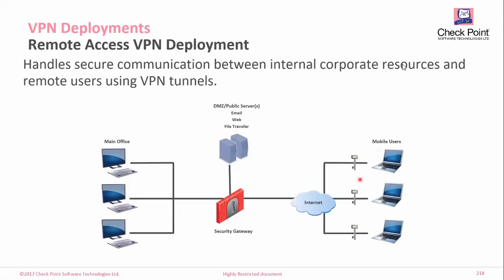With that client, you open it up, go to the gateway you're to authenticate through, and then you're inside the main office. Otherwise, if it's clientless, you'll open up a browser, browse to a web server, and authenticate through there.